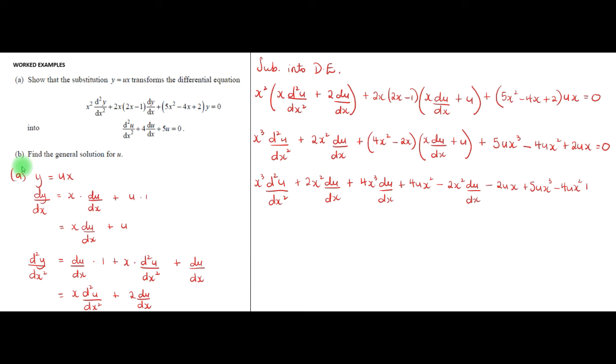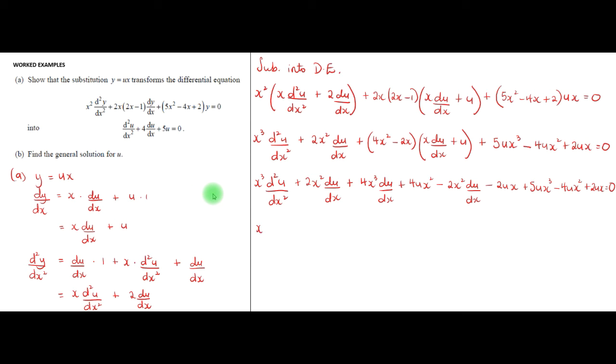This is pretty long. All right, let's see if we can simplify a bit. Looking at what we're trying to get to, let me simplify this statement first. Let's look for the like terms and add them or subtract them.